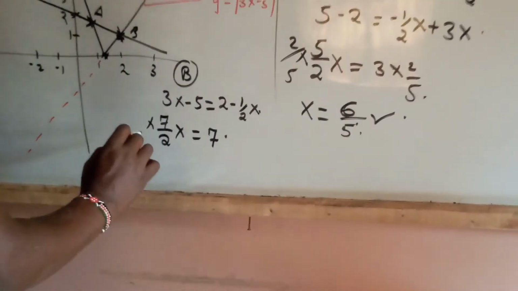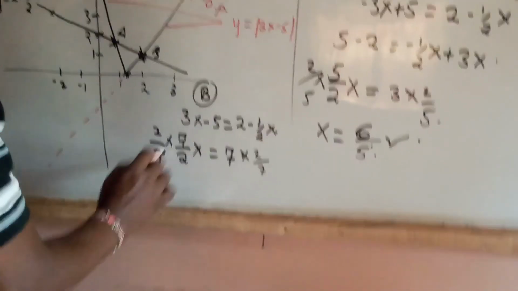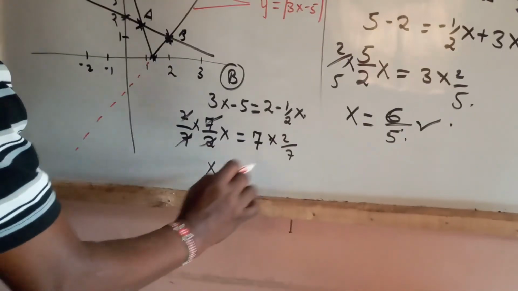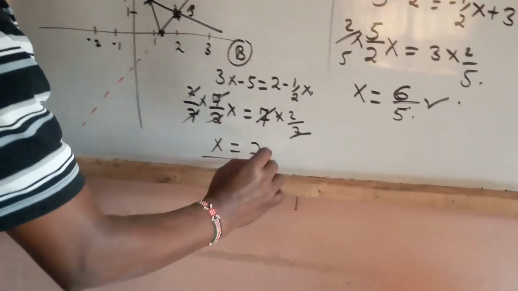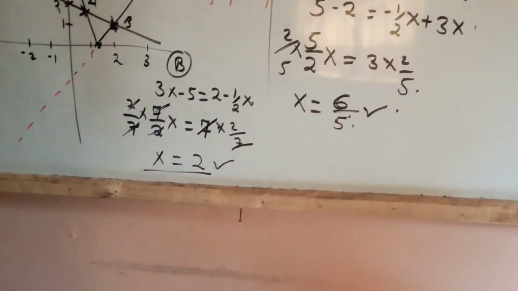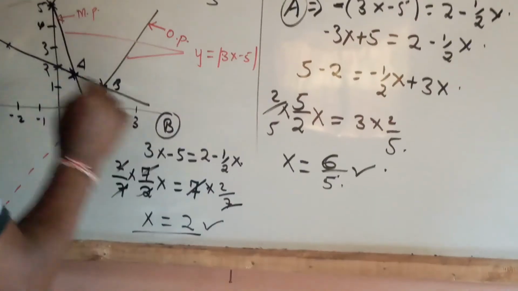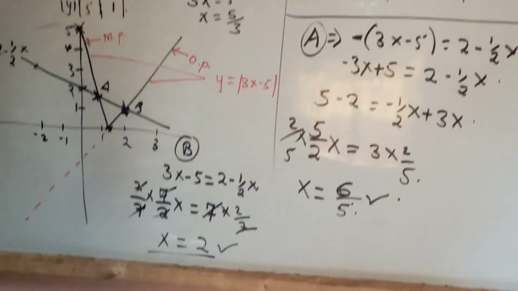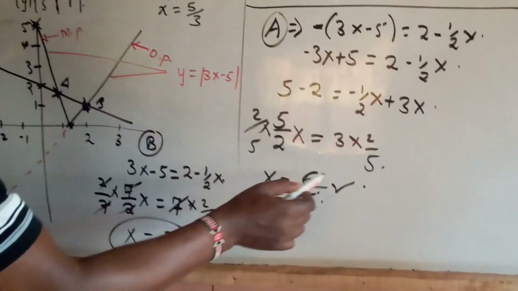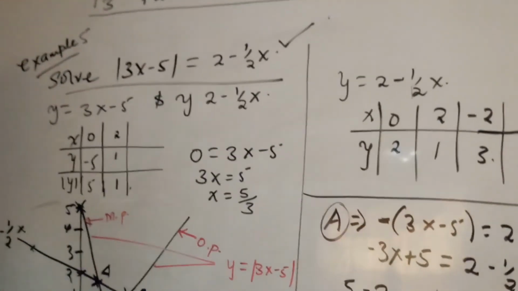To make x the subject, we multiply both sides by 2/7, and the 7s cancel out, so x becomes just 2. So at point B, x = 2, and at point A, x = 6/5. Both of these become the solutions of the original question. Okay?